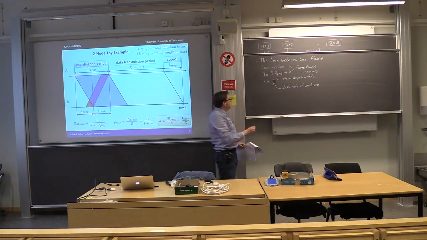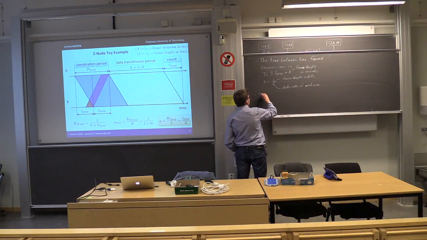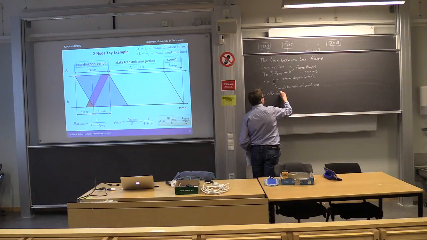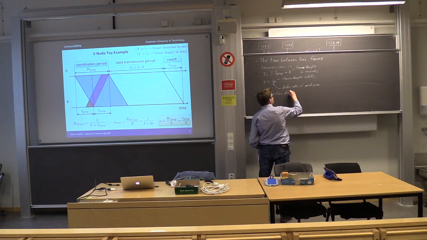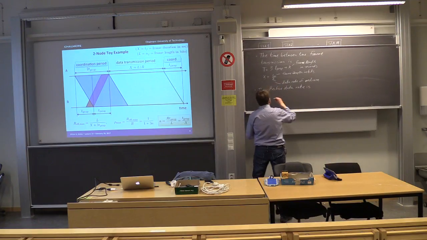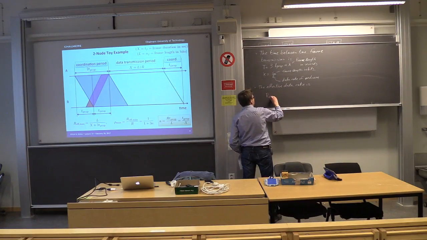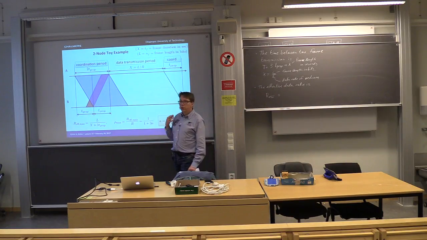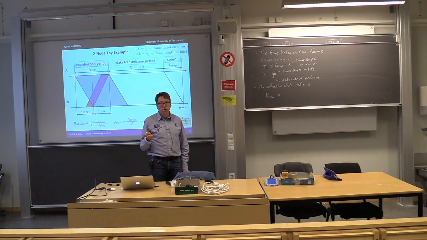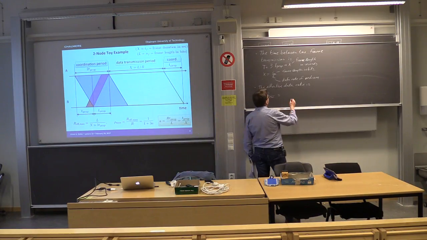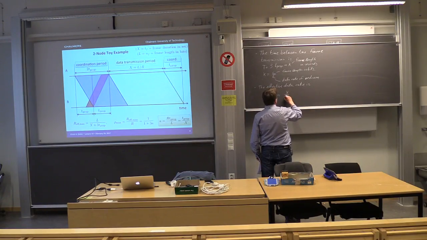Okay, so the effective data rate is then simply the ratio between the number of useful bits that we are transmitting and the time it takes to transmit those. So it's x divided by t.